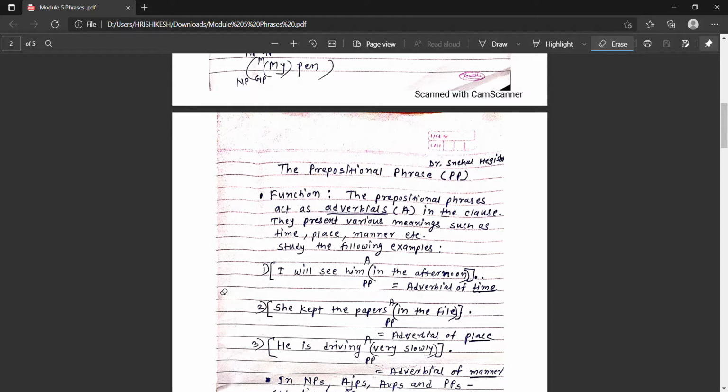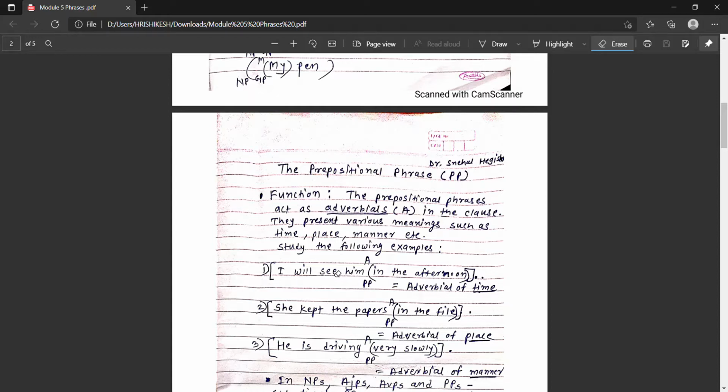In the third example, he is driving very slowly. Again, very slowly is enclosed in a round bracket. It is a phrase. What type of phrase is it? Actually, very slowly is not a prepositional phrase here.